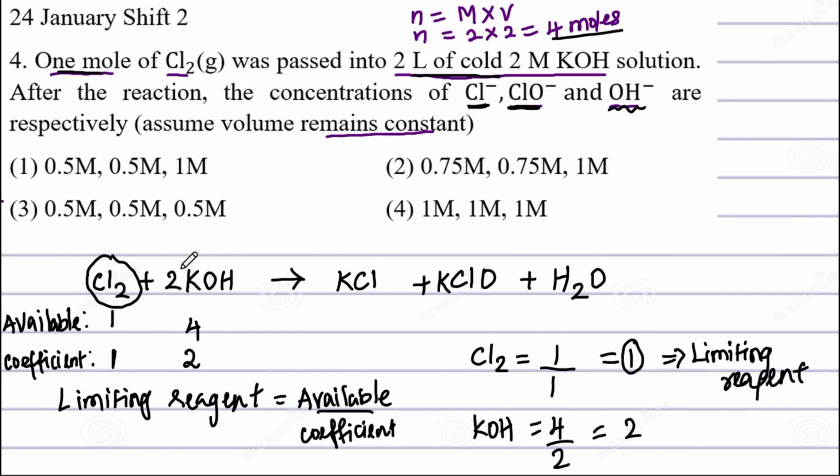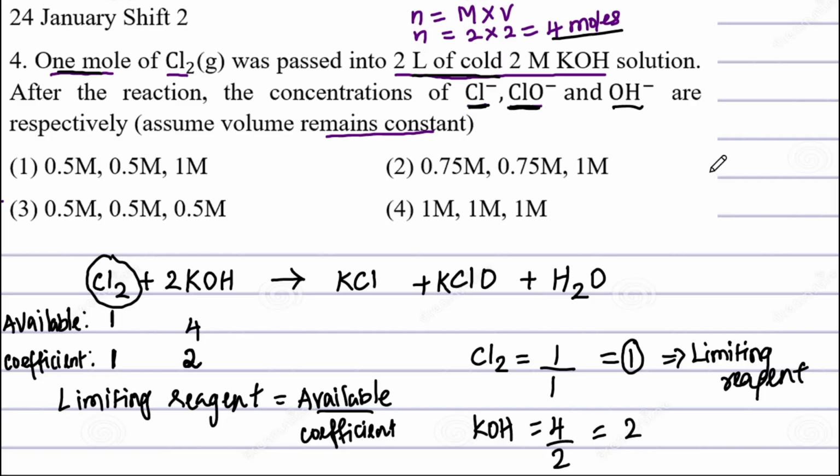KOH is actually in excess, because 1 mole of Cl2 reacts with only 2 moles of KOH. Available is 1 mole of Cl2, but KOH is in excess. So the excess KOH is present in the solution as it is. So you have to find the concentration of the excess KOH. That is what is meant by the excess concentration of OH minus.